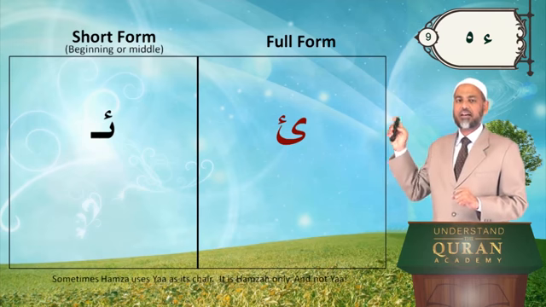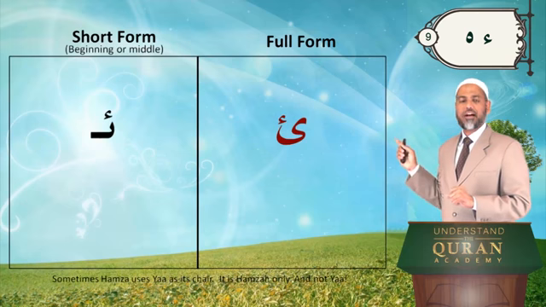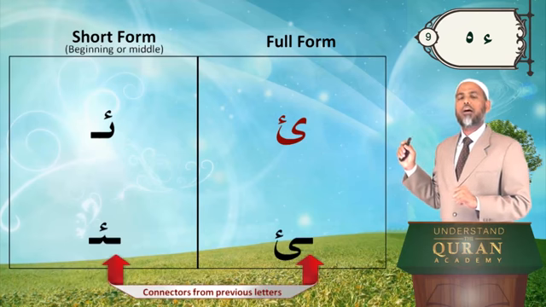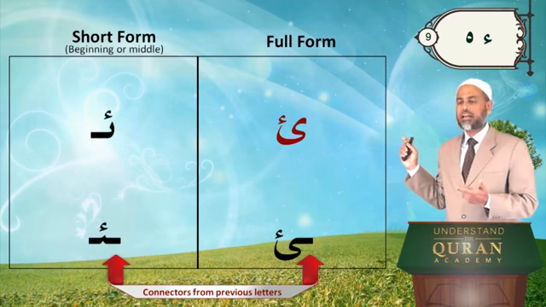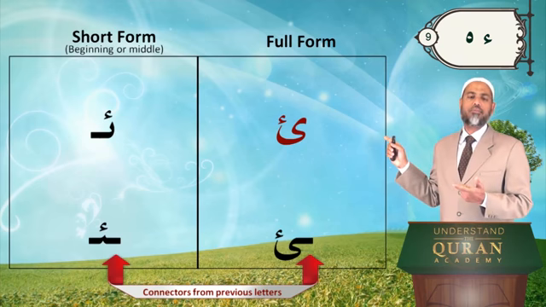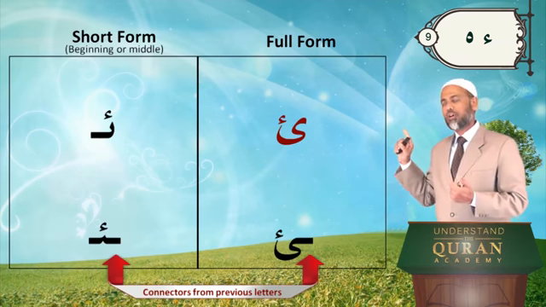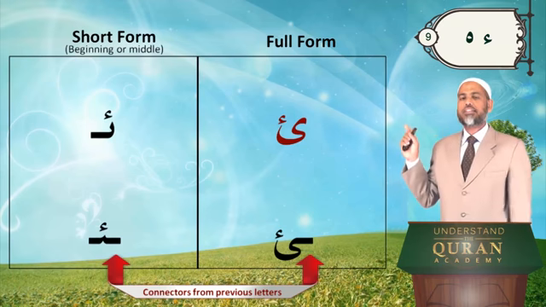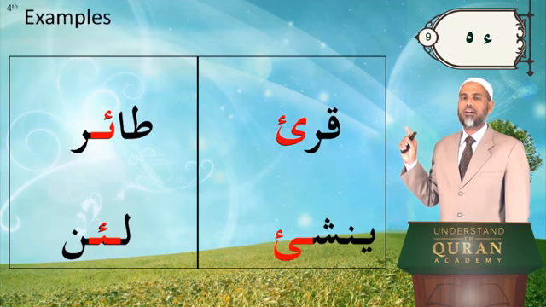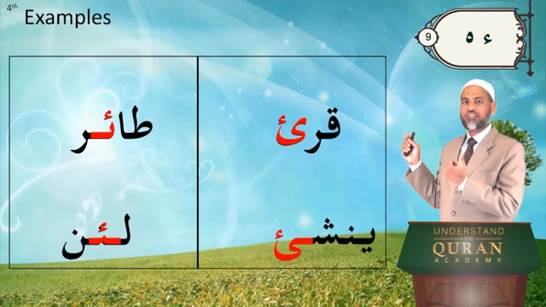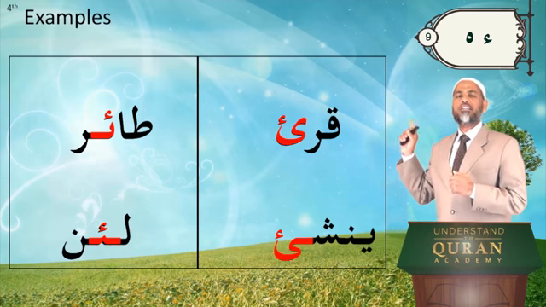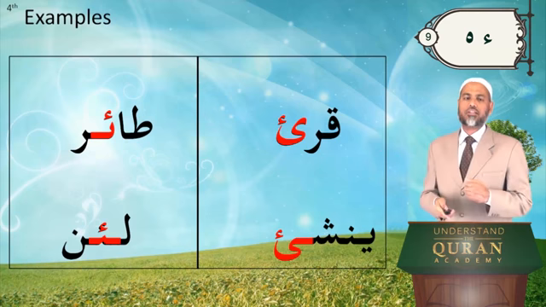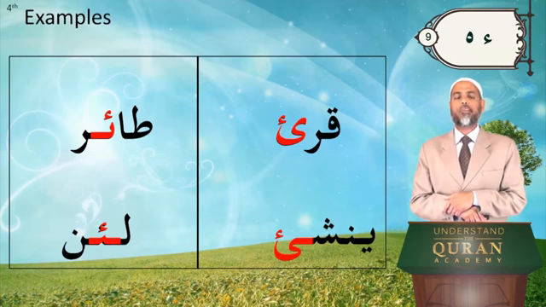Ya, that is Hamza, can have connectors in its full form and short forms. So in that case, you have to call these two also Hamza. And here are examples of Hamza with Ya as its chair, in different words in their full form and short form with connectors also given below.